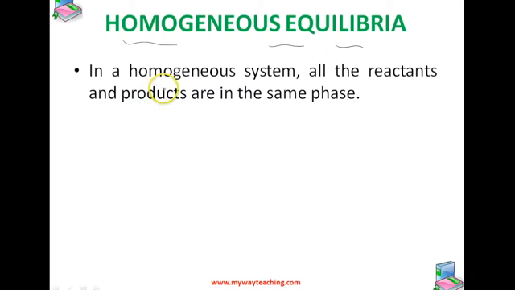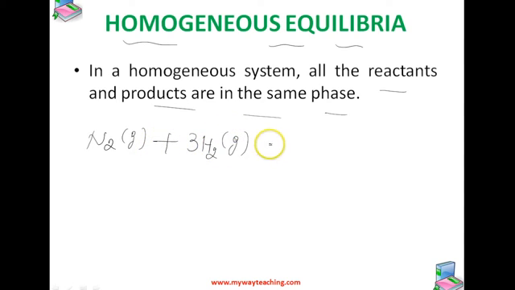Next, what is homogeneous equilibria? In a homogeneous system, all the reactants and products are in the same phase. That is called homogeneous equilibria. Just consider one example: dinitrogen and dihydrogen give ammonia, which is also a gas.